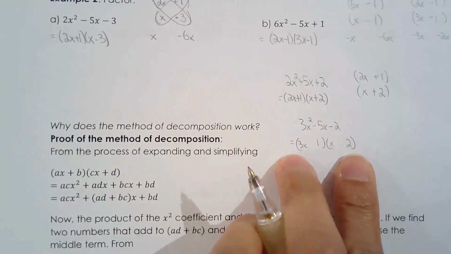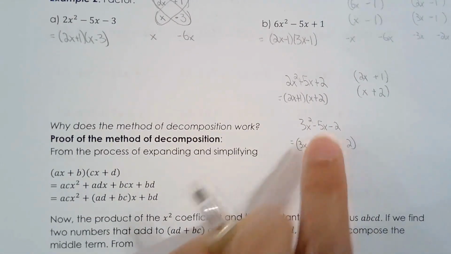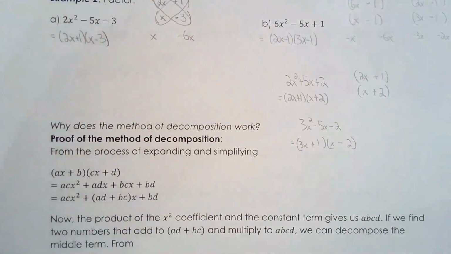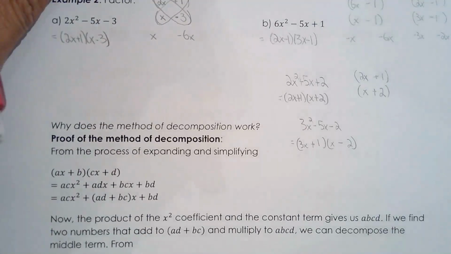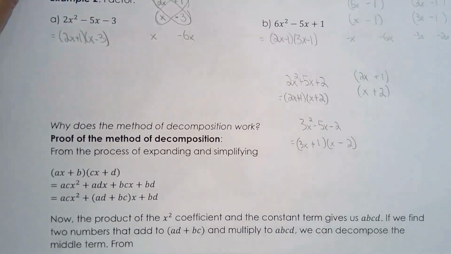I'm going to put the 2 here and the 1 here. Why do I put the 2 there and the 1 there? Because I want to make the 6x and 1x, that's going to make my 5. So I do negative 6 plus 1, that's negative 5. So over time, that's how it's going to look. You'll get very, very comfortable, and you're really not guessing. It's based on an intuitive feel for the numbers.